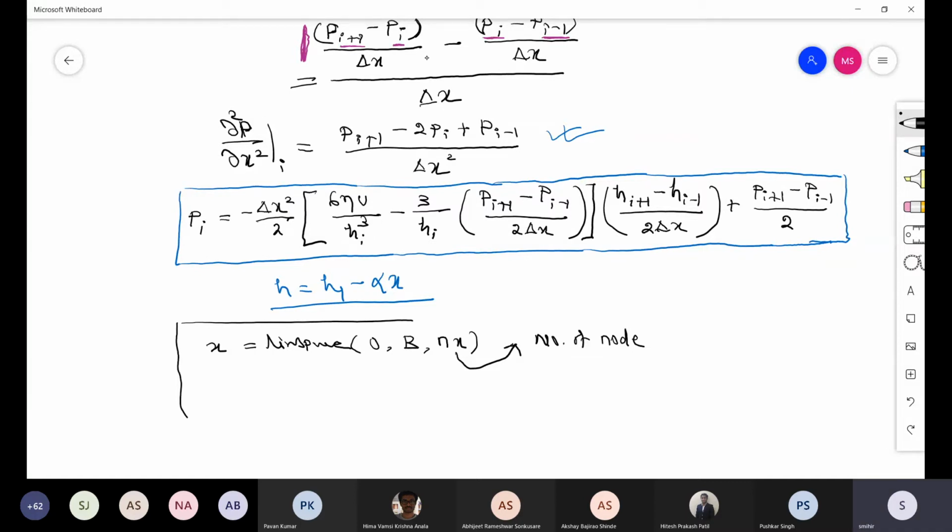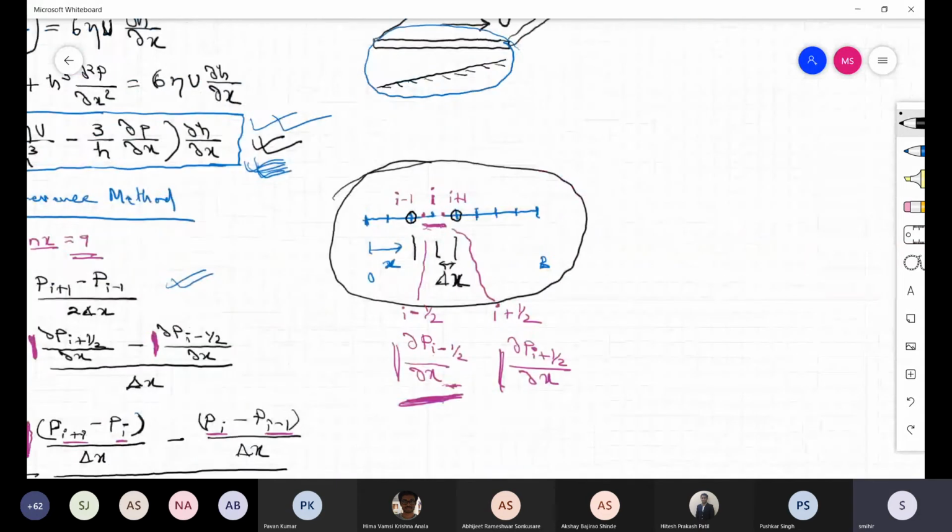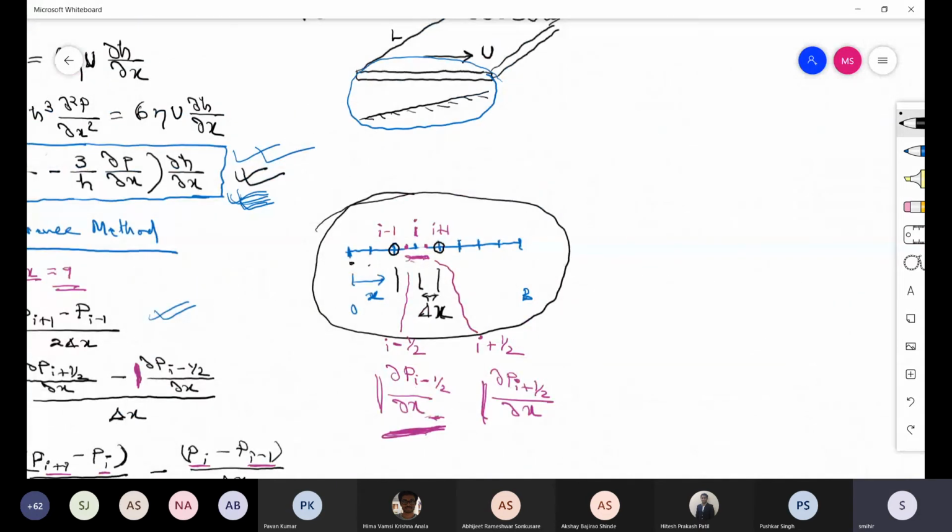So this will generate the coordinates of the nodes. Once you have that, it is straightforward. The variation of h is directly h1 minus alpha x, where x is an array having the coordinates of all these points.